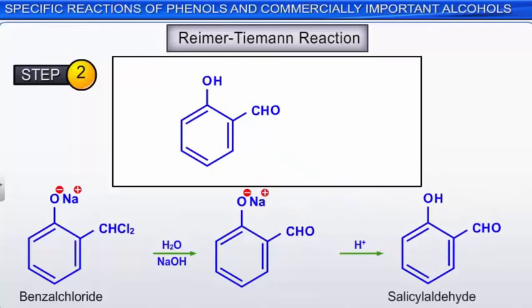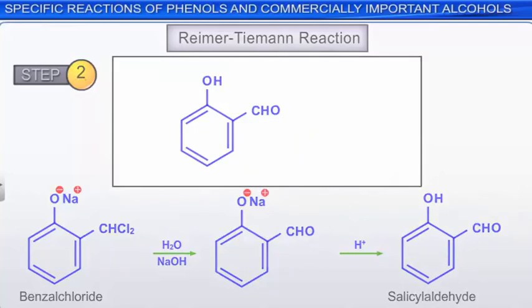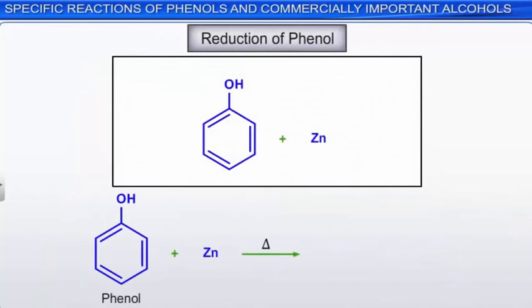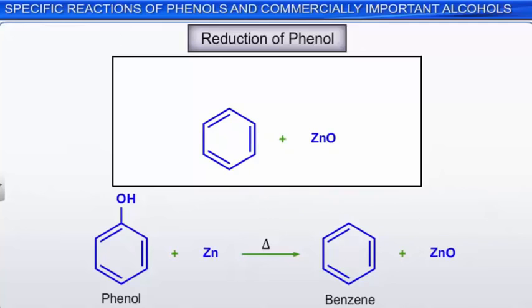Heating phenol vapors with zinc dust produces benzene as the major organic product. Here, phenol undergoes reduction in the presence of zinc dust to form benzene.